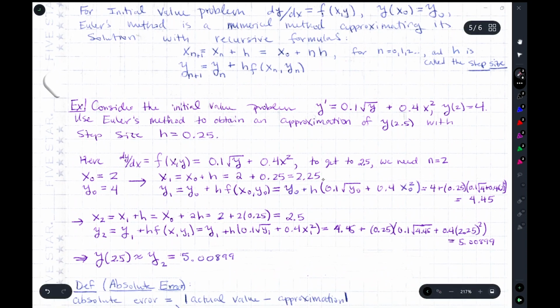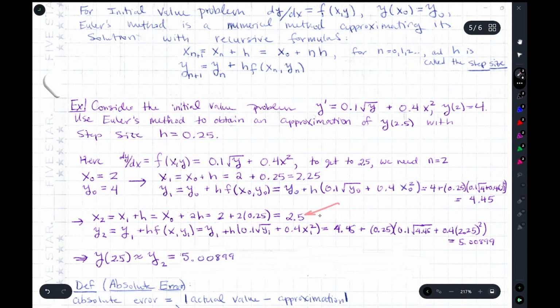All right, well, that x is 2.25. We want to approximate y at 2.5. So we do another step. So x2 is equal to x1 plus h, or x naught plus 2h. And you get 2 plus 2 times 0.25, which is h. You get 2.5. And y2 is y1 plus h f(x1, y1). And again, we plug in x1 and y1. Make sure this is x1, not x2.